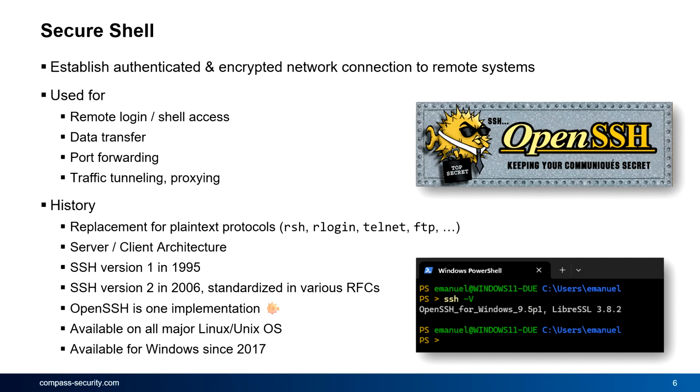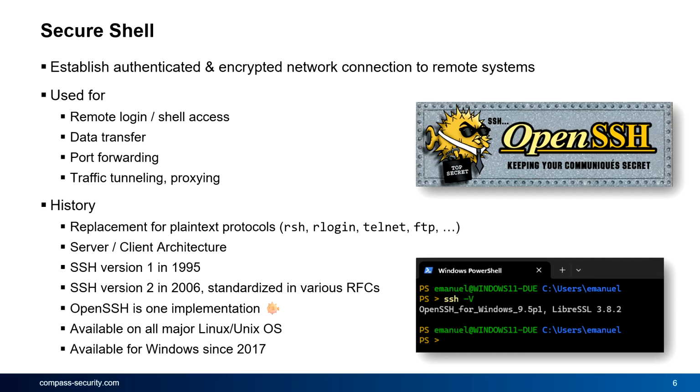And SSH was basically a replacement for all the plaintext protocols like Telnet, FTP, and so on. It has a server client architecture, so this means you have an SSH server running somewhere and you can connect to it using your client. The first version was released in 1995, and then in 2006 SSH version 2 of the protocol was released and also standardized in different RFCs.